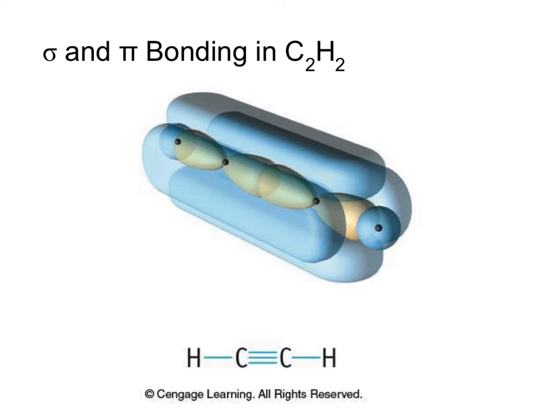And we can see an overall picture of what that looks like here. And so in yellow, here in the middle, we have our two sp hybridized carbon atoms. And so that is the basis of our sigma bond in between the two carbons, and also our overlap for our sigma bonds between carbon and hydrogen.